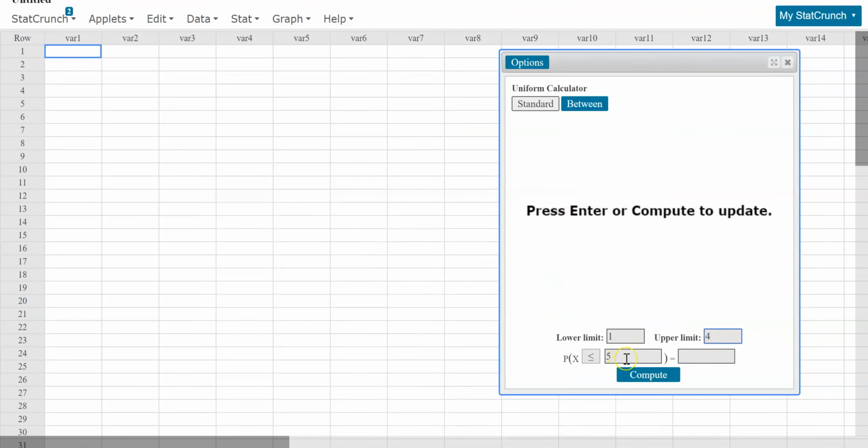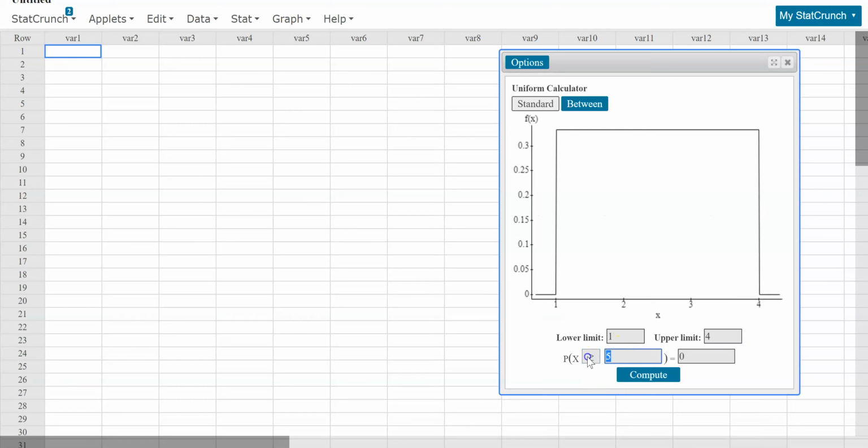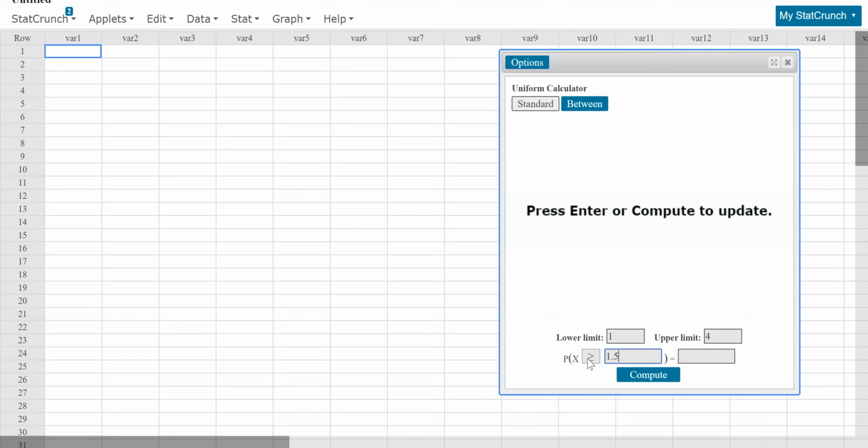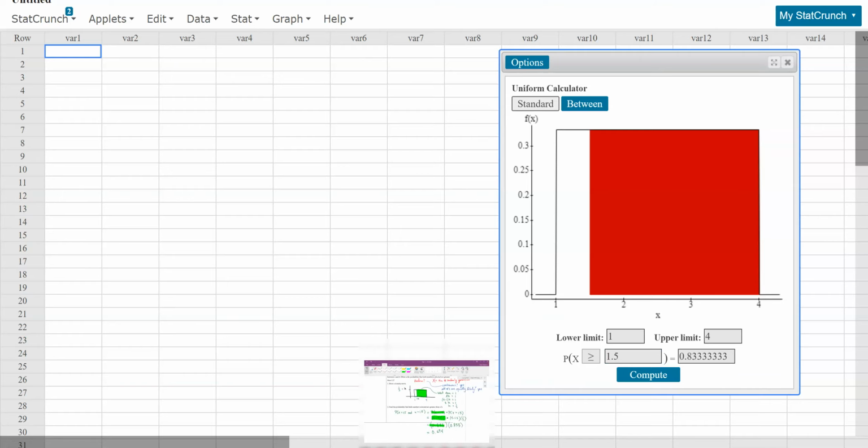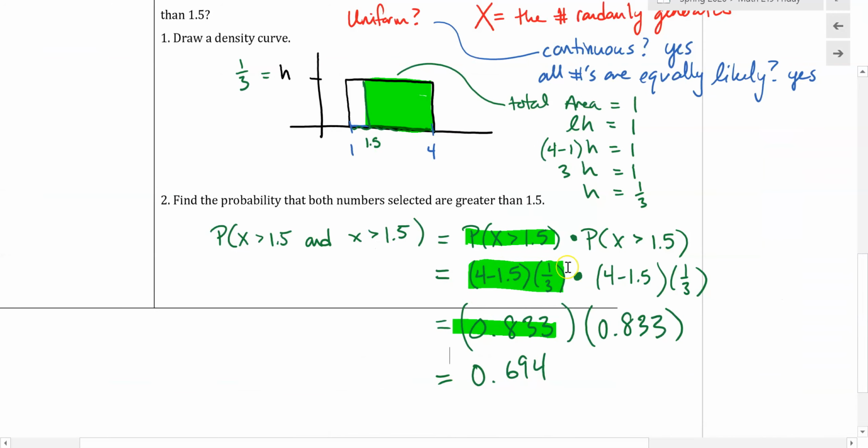So I'm looking to find the probability of getting a number bigger than 1.5. And there it is, 0.8333 repeating, just like we found here, doing it with area. And again, they just said we've got two numbers doing this, so I need to multiply those probabilities, and that's how I get your final answer of 69.4% chance that both the numbers will be greater than 1.5.